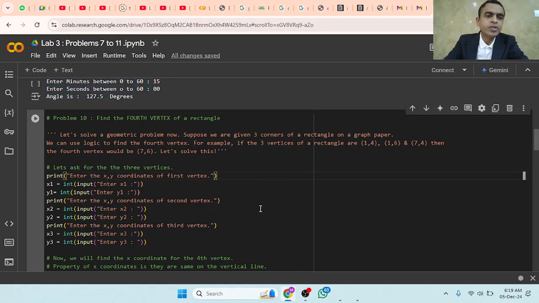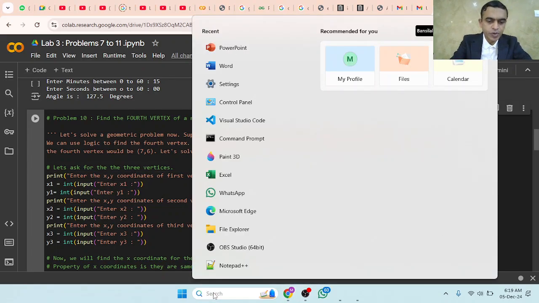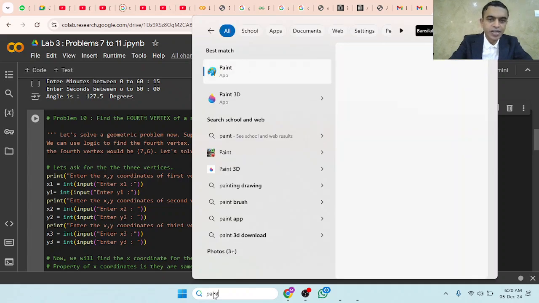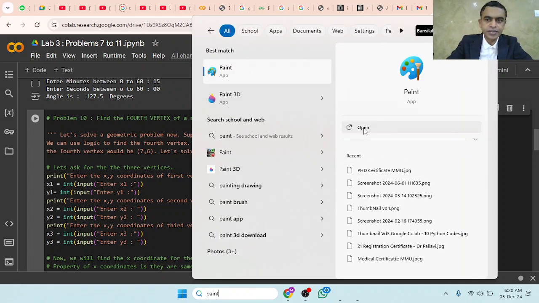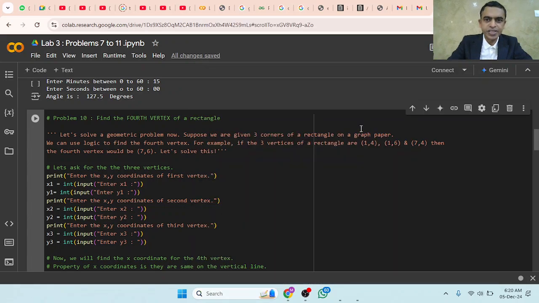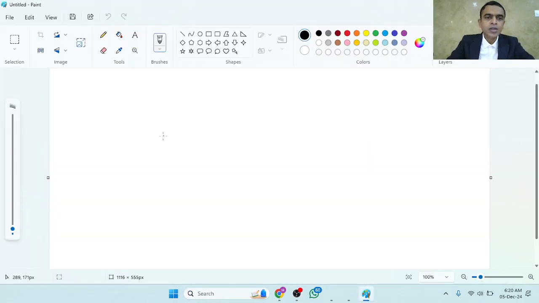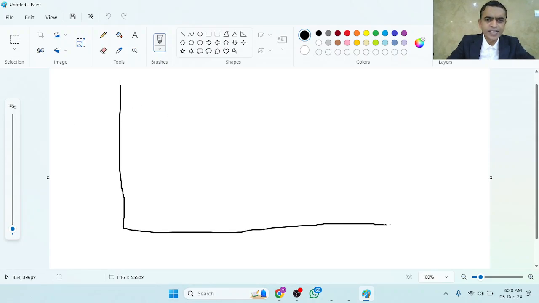Problem 10 is about finding the fourth vertex of a rectangle. You have a rectangle and we are going to find the fourth vertex of a rectangle. Okay, so let me just open Paint and let us see if I can draw something here. So this is the x-axis, this is the y-axis, and we have a rectangle here.